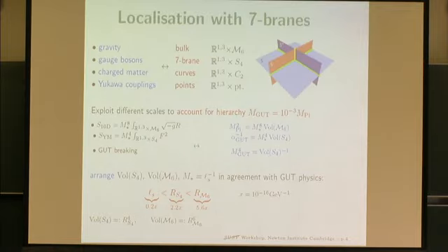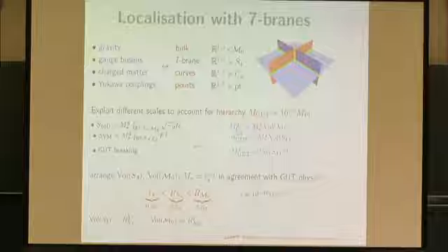So just very briefly, the idea of localization of gauge degrees of freedom in type 2B or F-theory more generally. Gravity, of course, propagates in the bulk, whereas the gauge degrees of freedom localize on the 4-cycle wrapped by our 7-branes, where those intersect along a curve. We have charged matter, and the Yukawa couplings then are localized at points of the intersection of those curves.